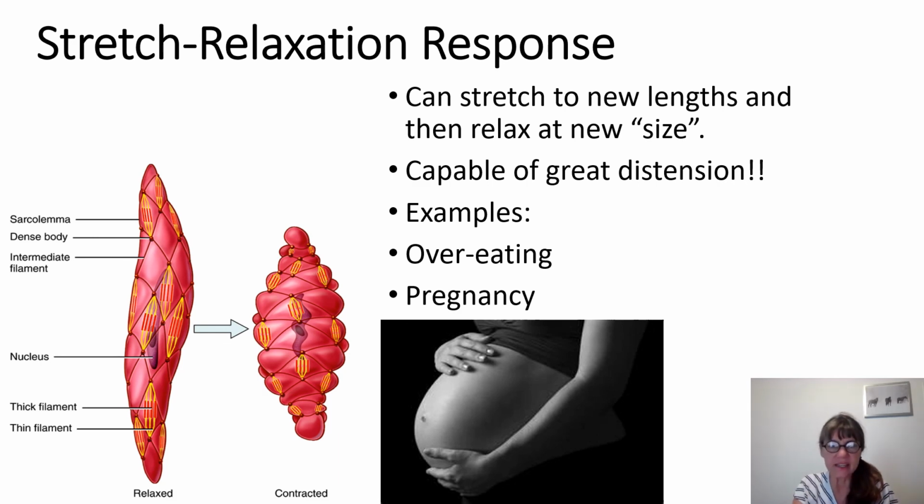And you'll notice in this picture on the left that there are intermediate filaments in smooth muscle, and these are basically a lattice-like arrangement of non-contractile filaments that resist tension. They're attached at regular intervals to structures in the cytoplasm called dense bodies. The dense bodies are actually anchored to the sarcolemma.